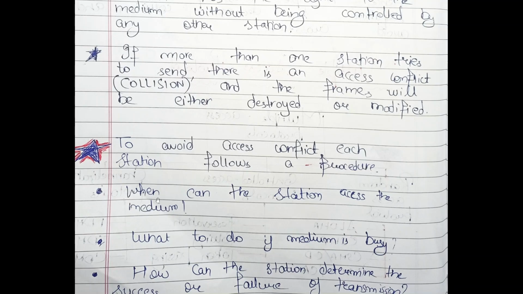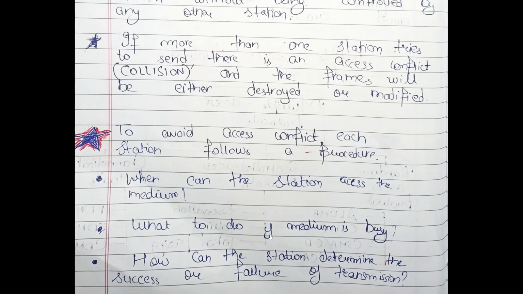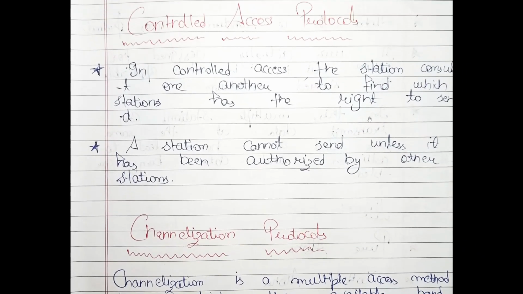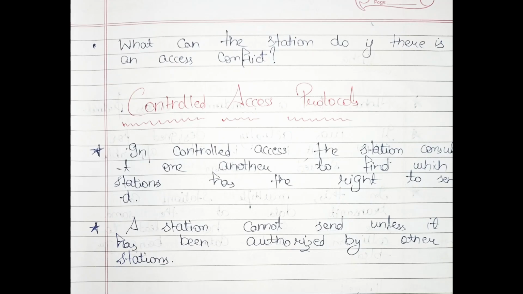Okay, when can the station access the medium? What to do if the medium is busy? How can the station determine the success or failure of transmission? Lastly, it says, what can the station do if there is an access conflict?